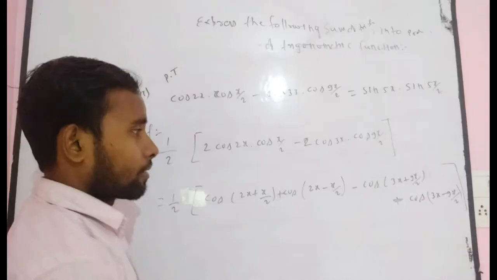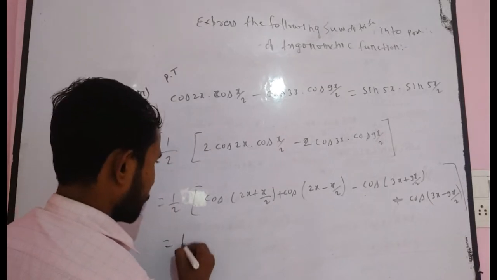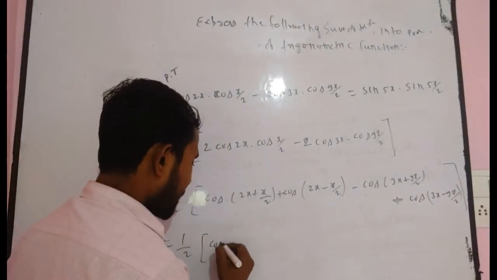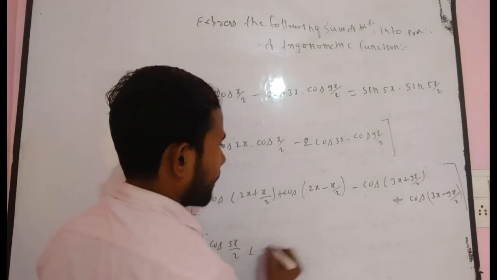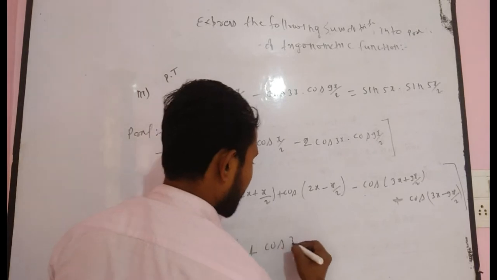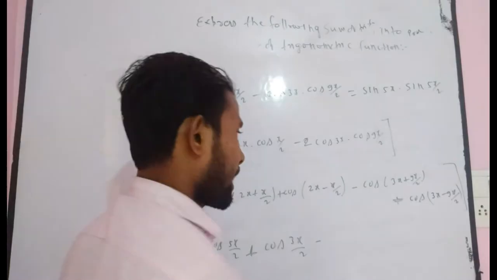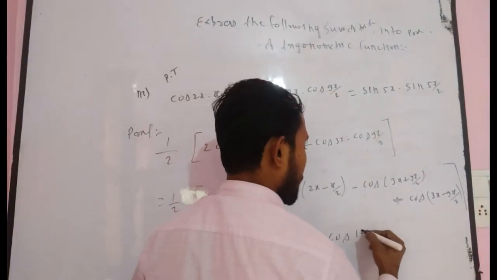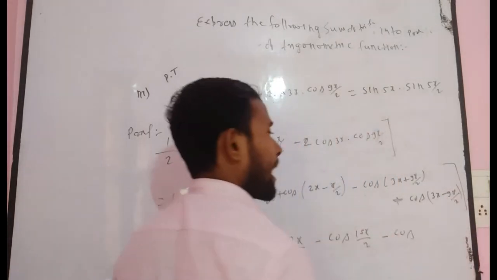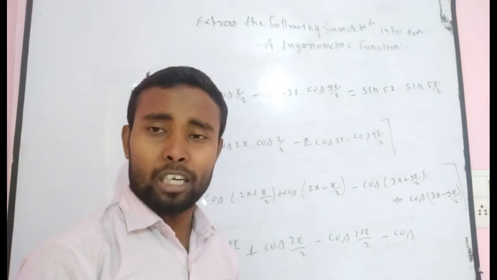After it, you get cos of 4x plus x, that will be cos 5x by 2, plus cos of 4x minus x, that means cos 3x by 2. And the next term will be cos of 6x plus 9x, that means 15x by 2, minus cos of 6x minus 9x, that will be minus 3x by 2. But cos minus 3x by 2 will be cos 3x by 2.